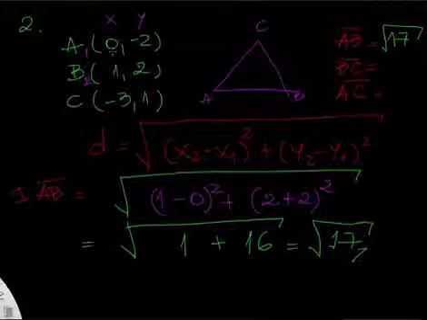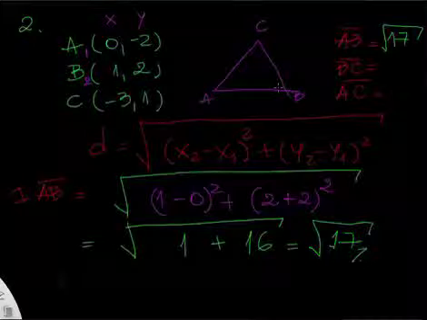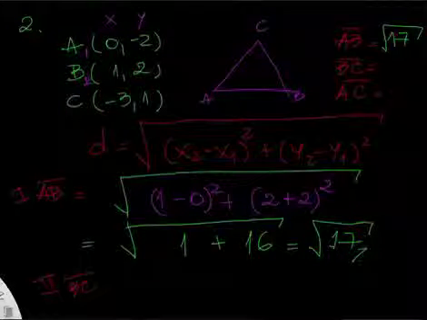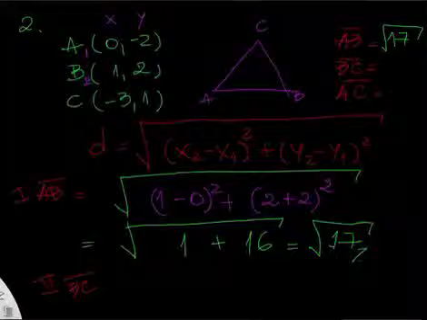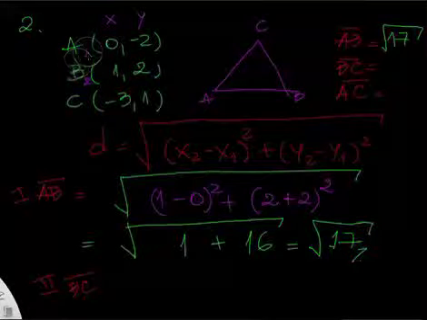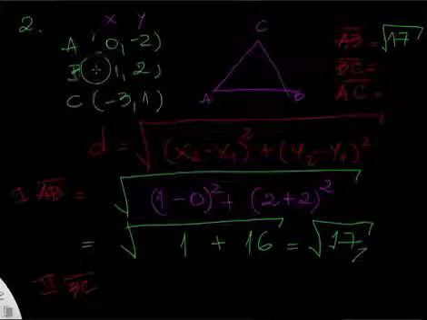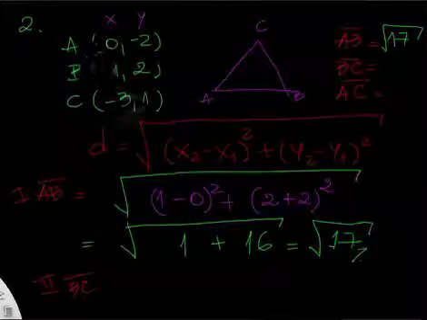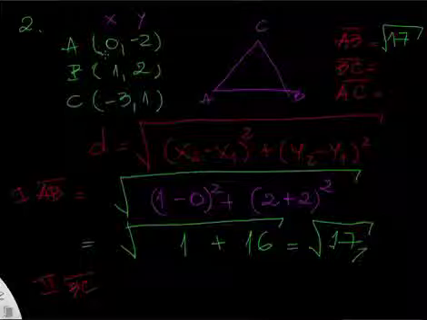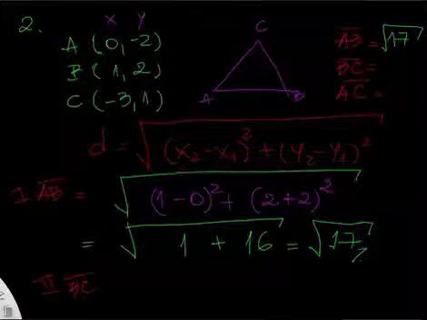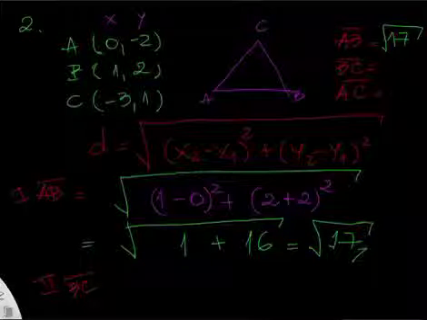Now we are going to continue and do the second side, BC. So my second side is BC. Now here I need to decide which point is going to be the one I'm looking for.